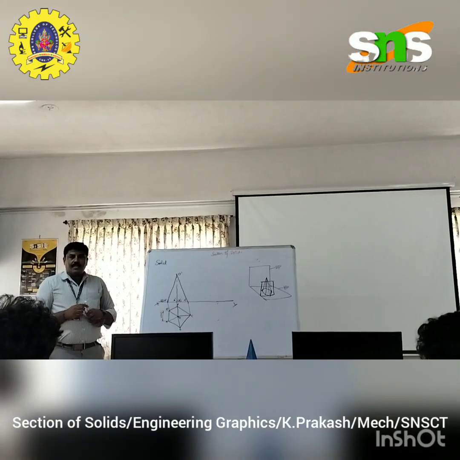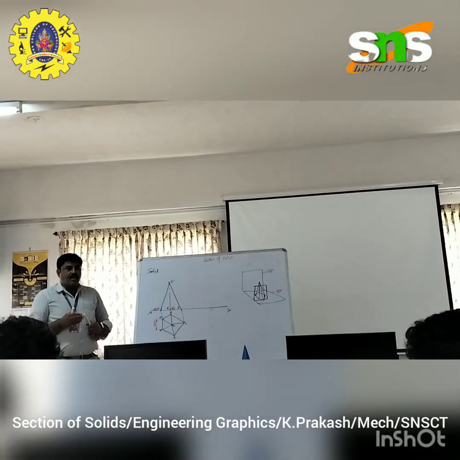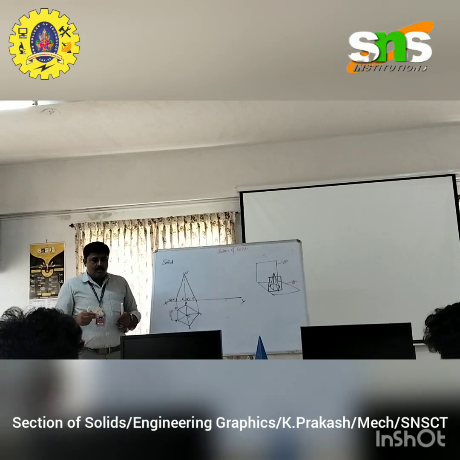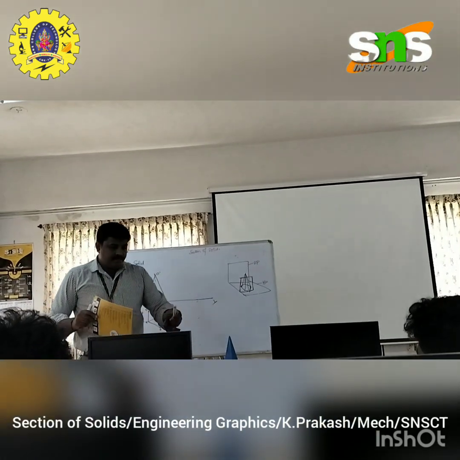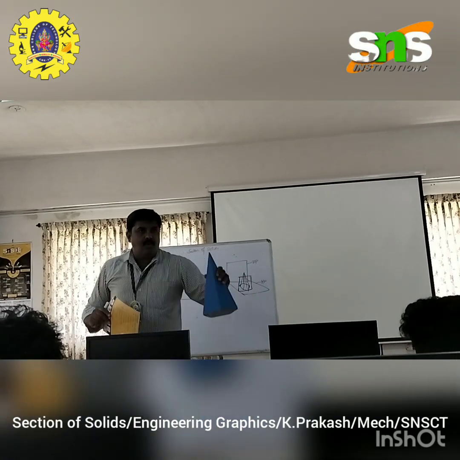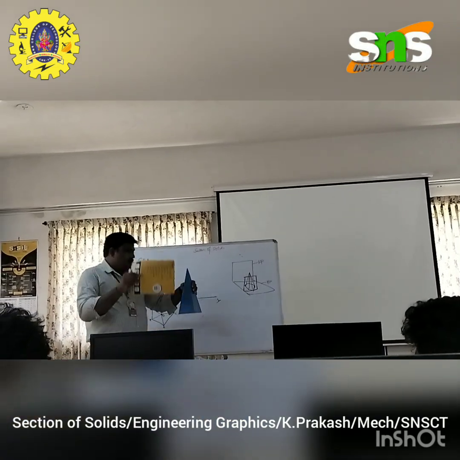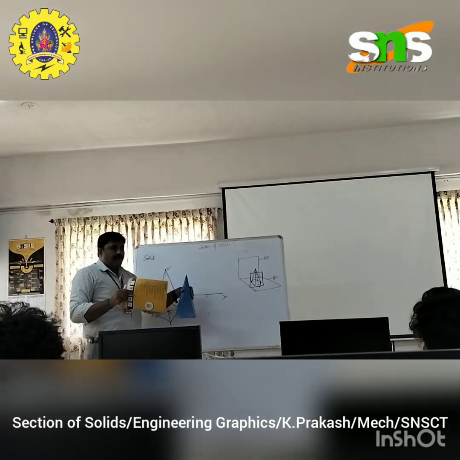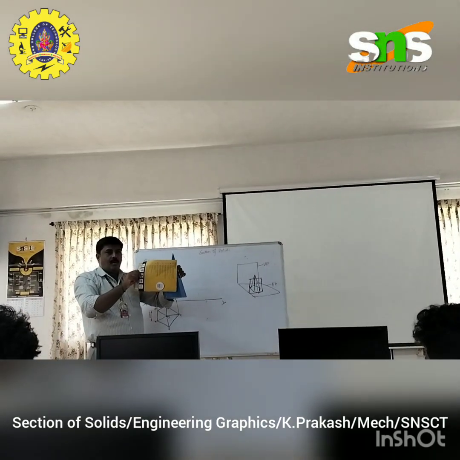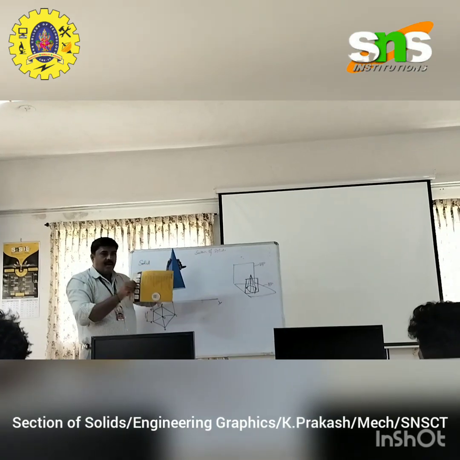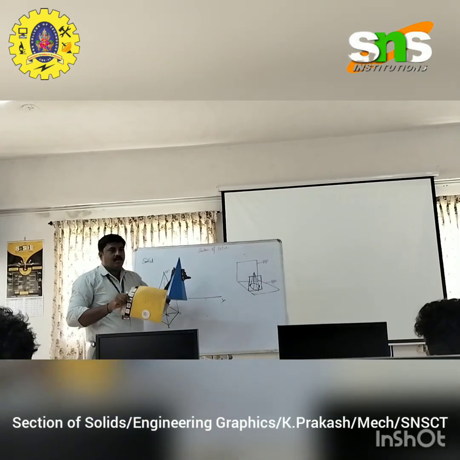Now they have told that you have to draw the cutting plane. Okay. Now the cutting plane is cutting the object. This is our view. Assume this is a vertical plane. The cutting plane is cutting this object 20 mm from the corner and nearer to the observer.